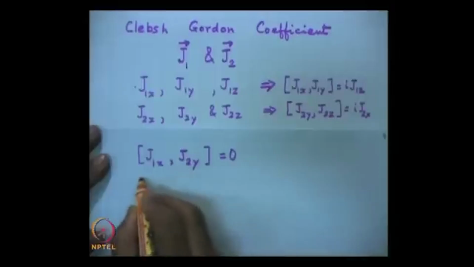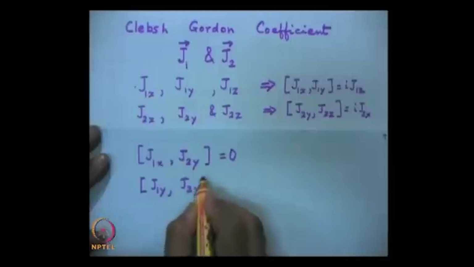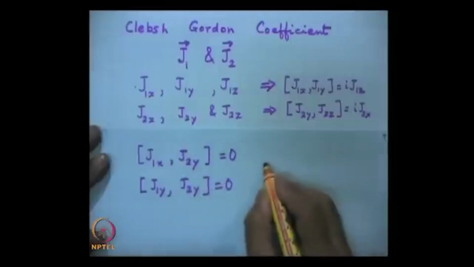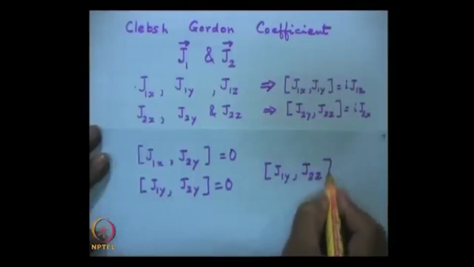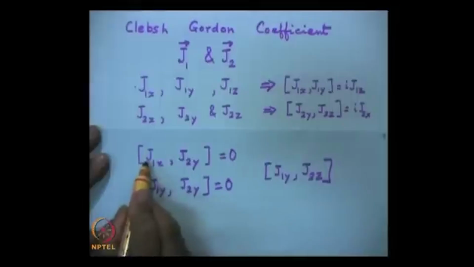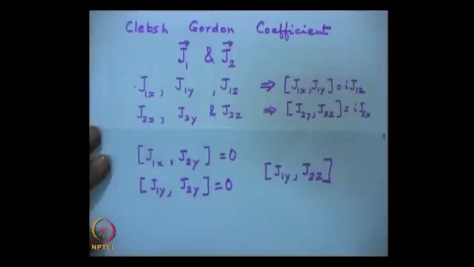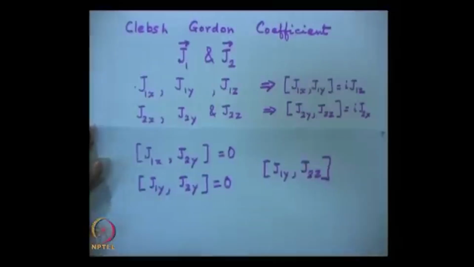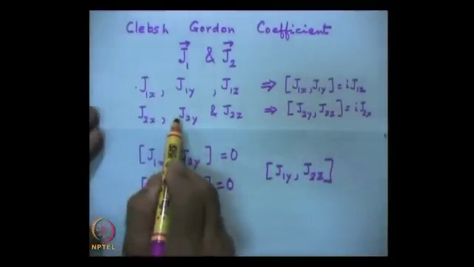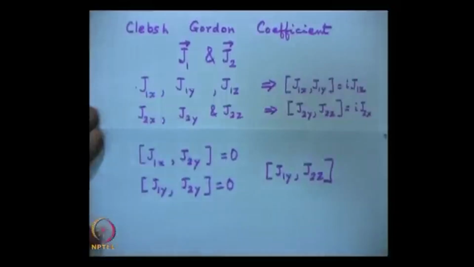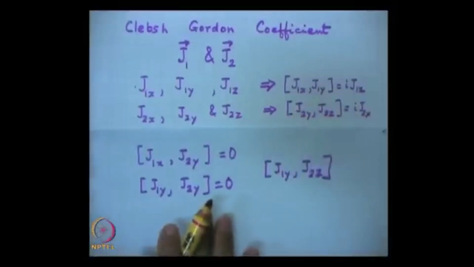So, J1x commutes with J2y, the commutator is equal to 0. J1y commutes with J2z. Any component of J1 will commute with any of the components of J2. So, we assume that, but of course, J1 itself has to satisfy this commutation relation.